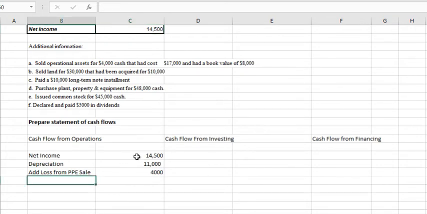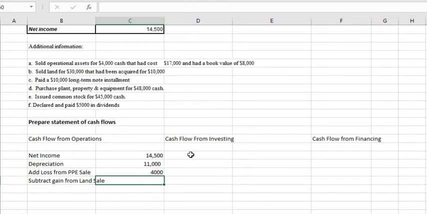And then we are going to subtract any gain from PP&E sale, or in this case land sale. Again, we are going to consider this under investing.